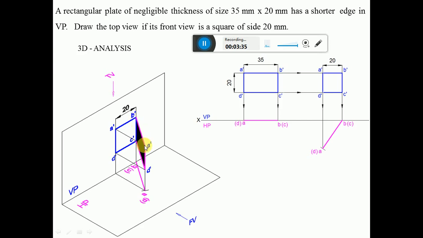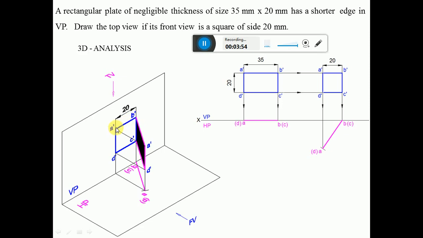initial position of the rectangular lamina of 20 mm by 35 mm when it is parallel to VP. The true shape was in the vertical plane. Now it is rotated such that the front view becomes a square.